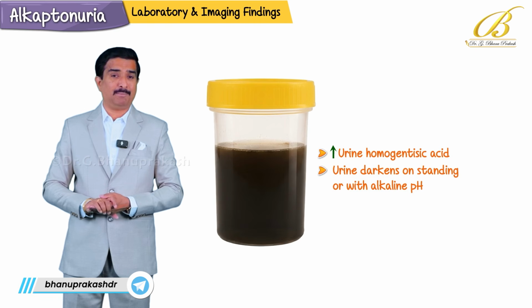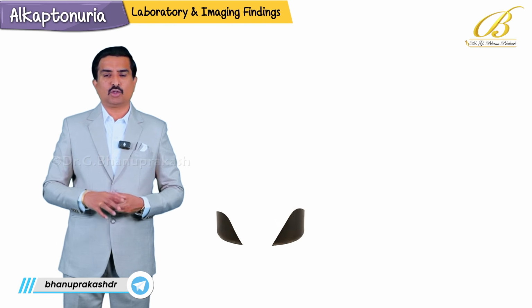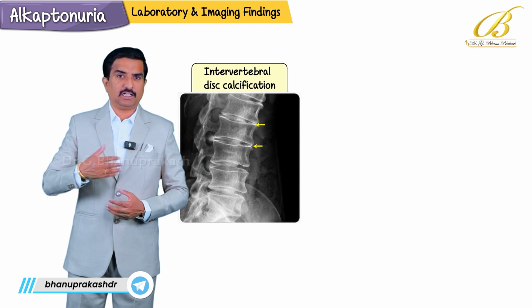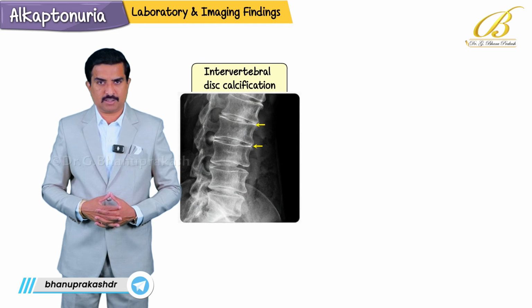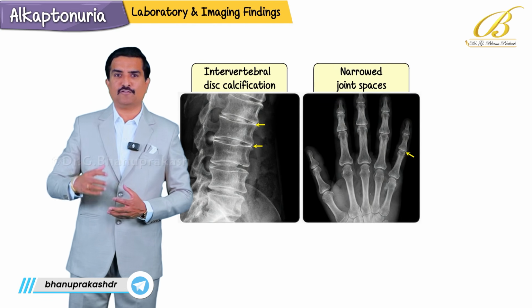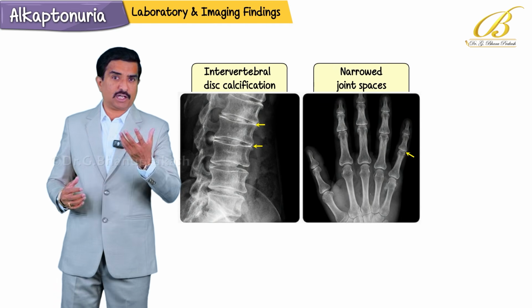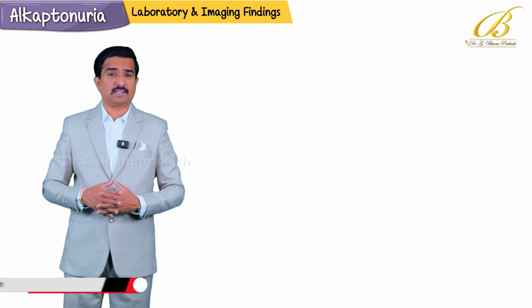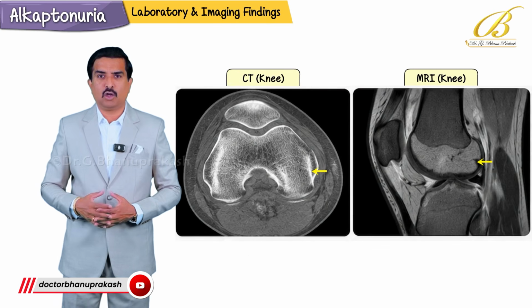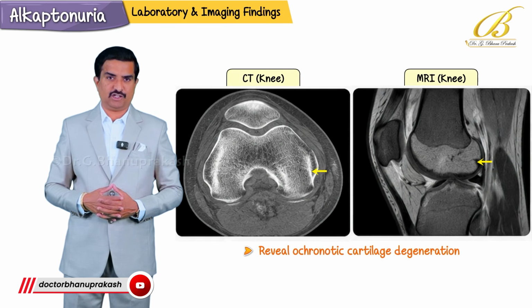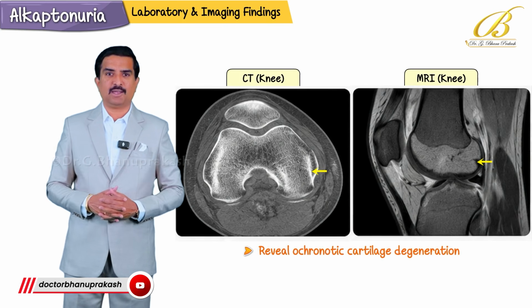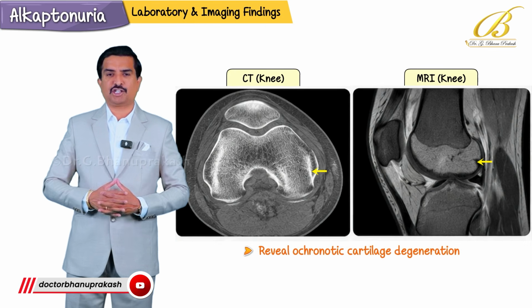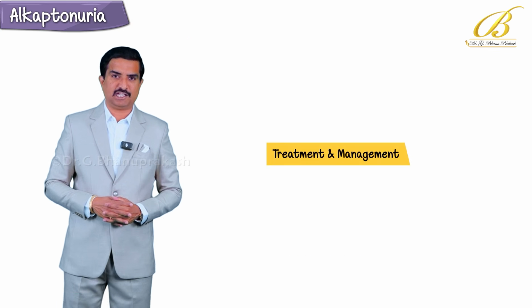Now when we talk about the imaging changes, X-rays may show intervertebral disc calcification and narrowing of the joint spaces, and you can also notice spinal osteophyte formation. CT or MRI can reveal ochronotic cartilage degeneration. So all these are the imaging findings.